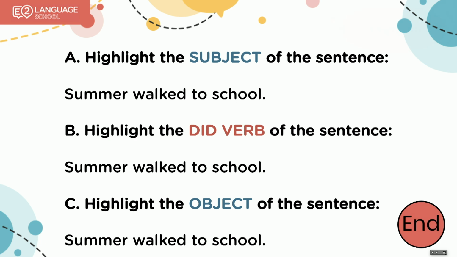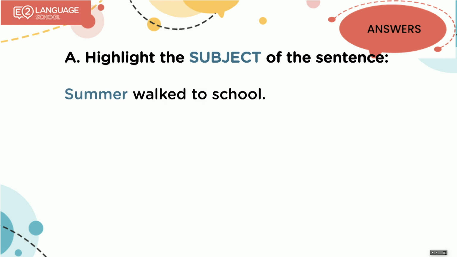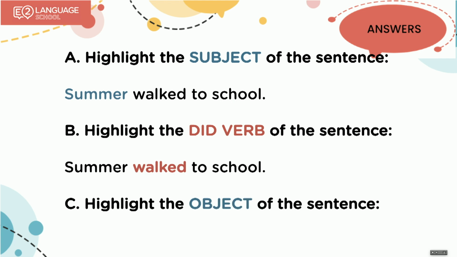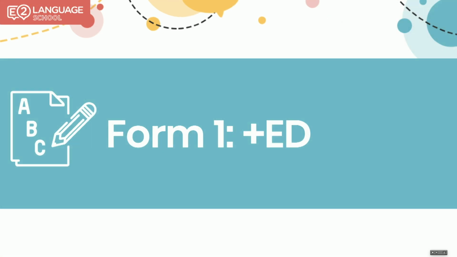Okay, how did you go? The subject of the sentence is summer. The did verb is walked. And the object is school. Cool.